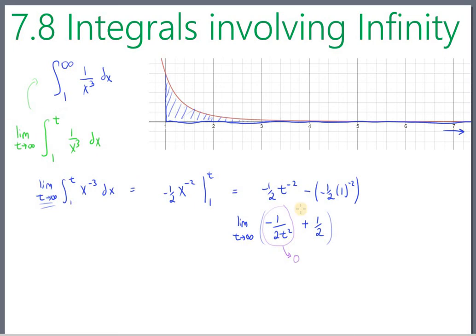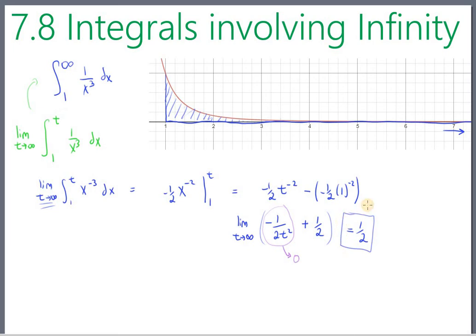So that bit approaches 0, which means that overall this limit is just 1/2. And truly, the area that you are shading in up here, from 1 all the way out to infinity, that area is 1/2.